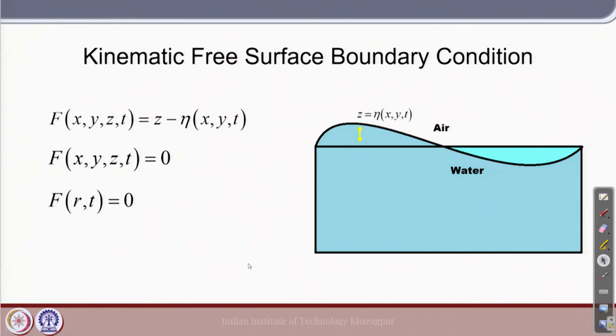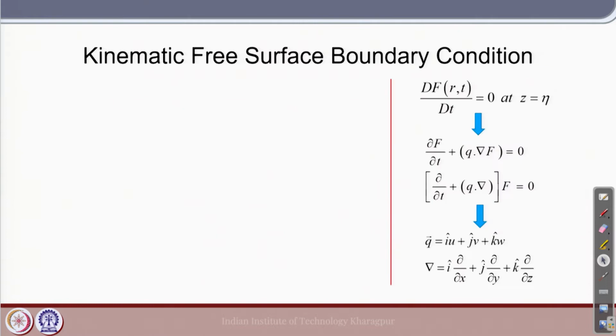Therefore, this would be the condition that the material derivative should be equal to 0. So, if f is the boundary surface, then the condition should be df dt equal to 0. Okay. So, everything we discussed in the last class.